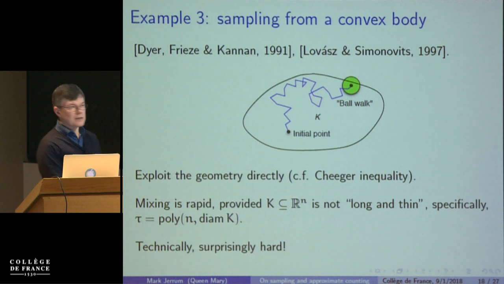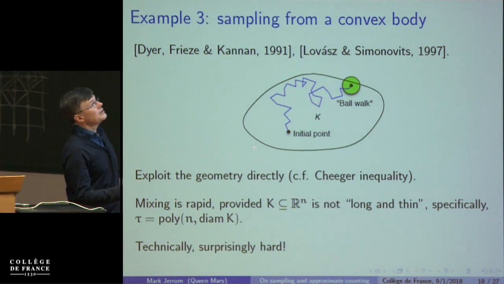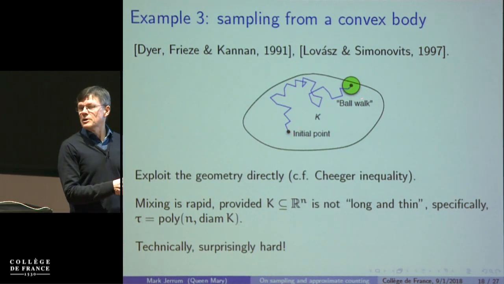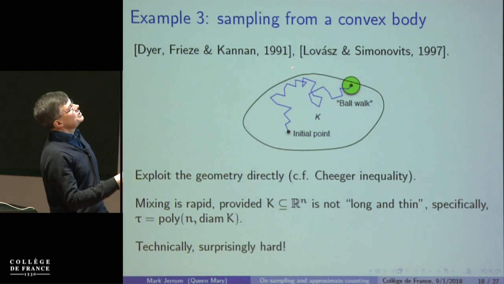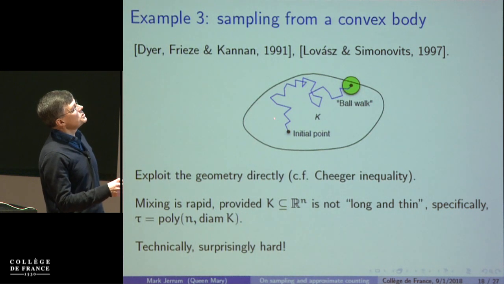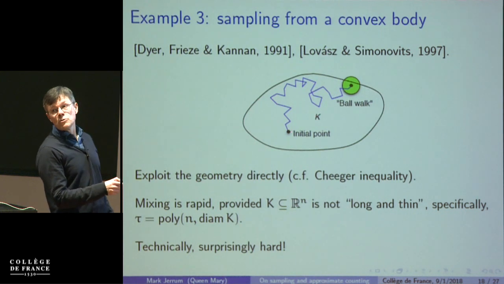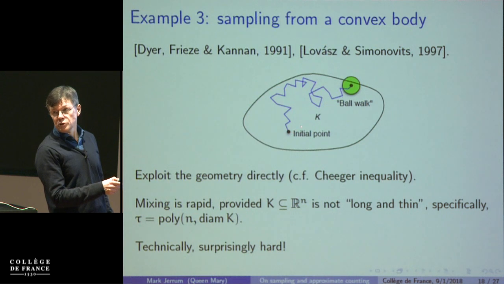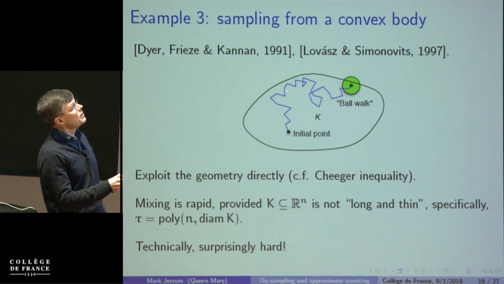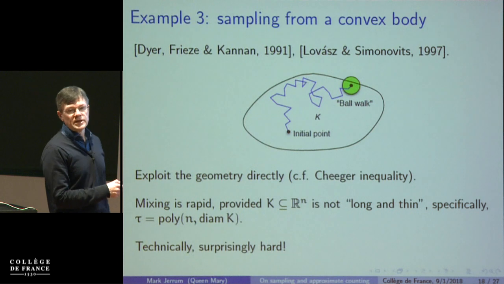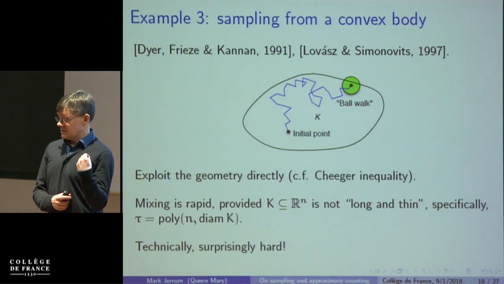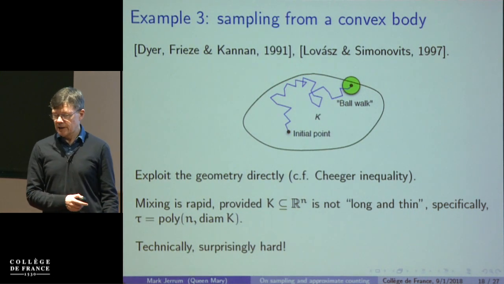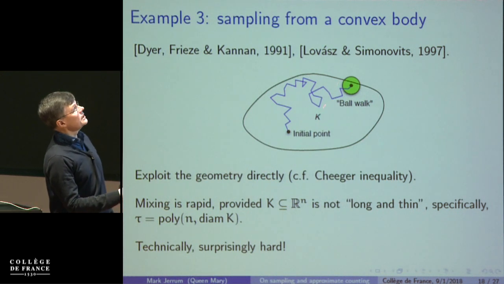This is very quick. I have to put this in because it's possibly the most classic application of the random walk method. You've got a convex body in high dimensional space. The only known way of sampling uniformly at random from it, or the only way of doing it in a time which is polynomial in the dimension, is by a random walk technique.